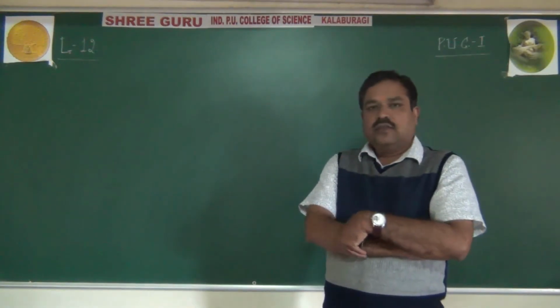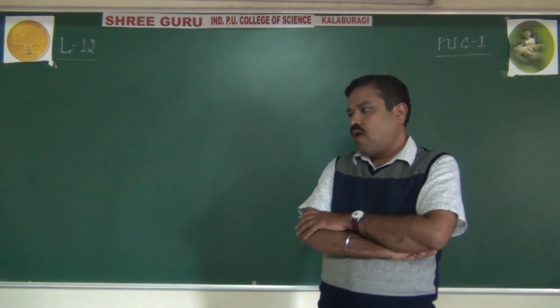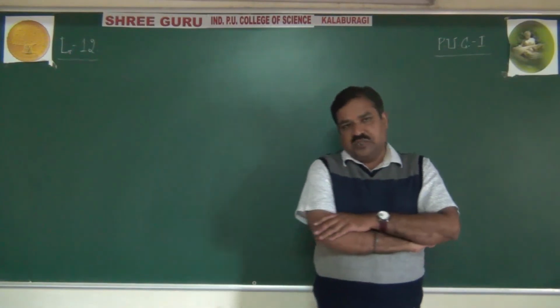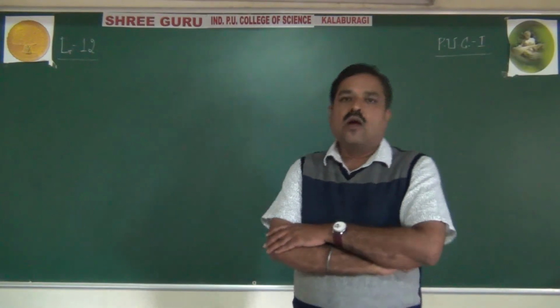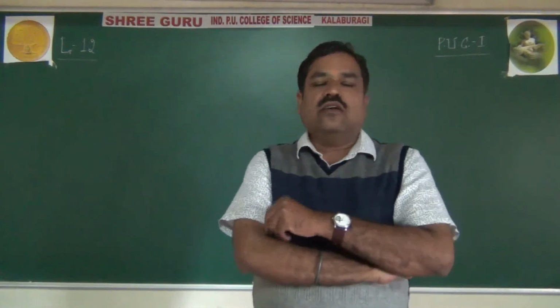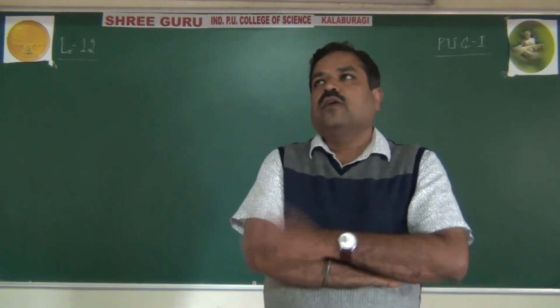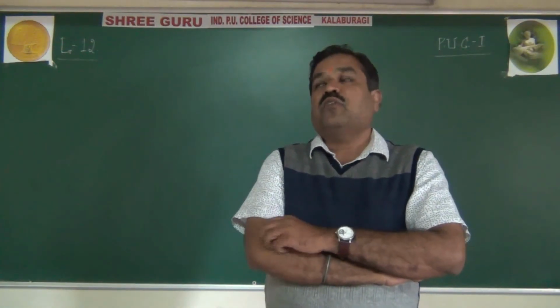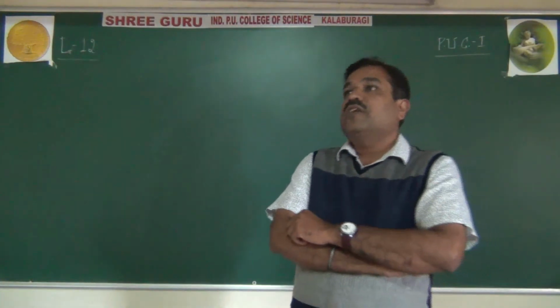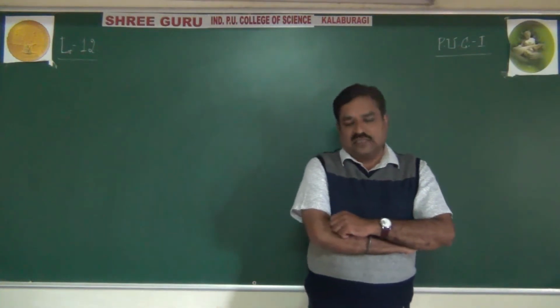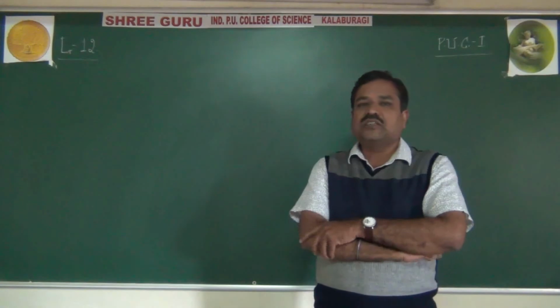In the last class, we completed, very importantly, hybridization of S, P and D orbital involvement. Also, I gave you the postulates of VSEPR theory, valence shell electron pair repulsion theory.